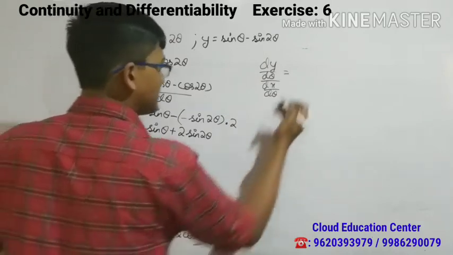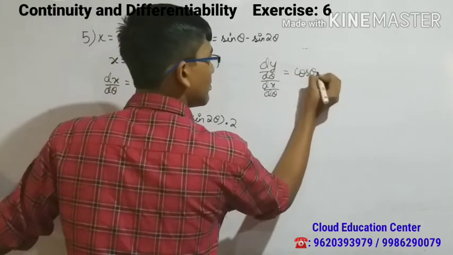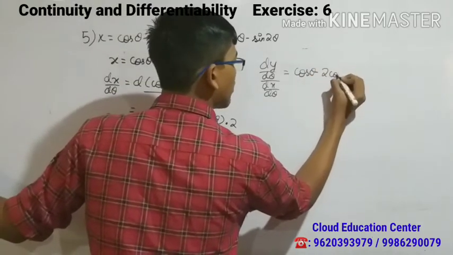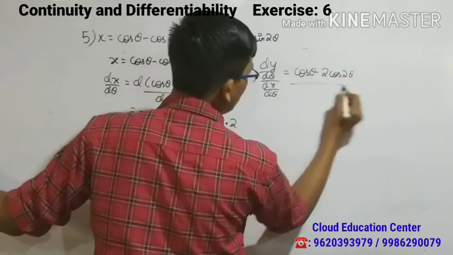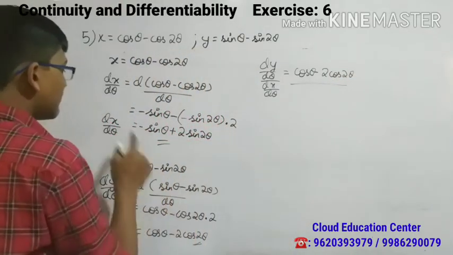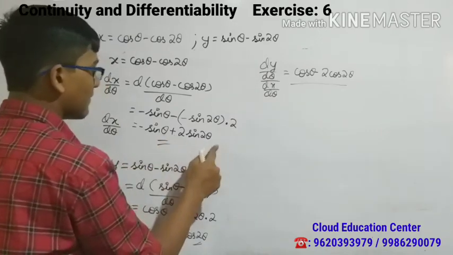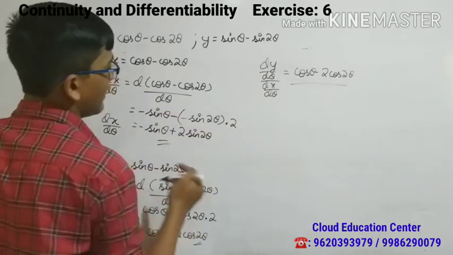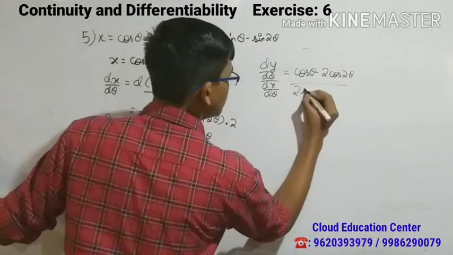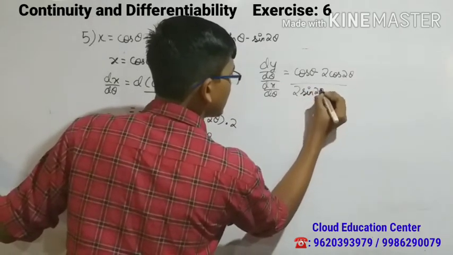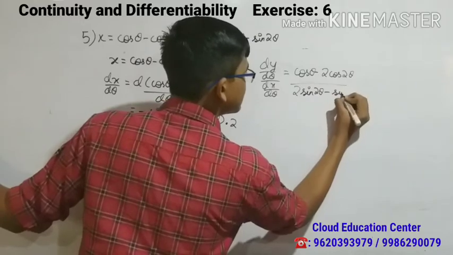It's nothing but cos theta minus 2 cos 2 theta whole divided by, here we have dx by d theta is equal to minus sin theta plus 2 sin 2 theta. Let's put sin theta at the end, that is 2 sin 2 theta minus sin theta.